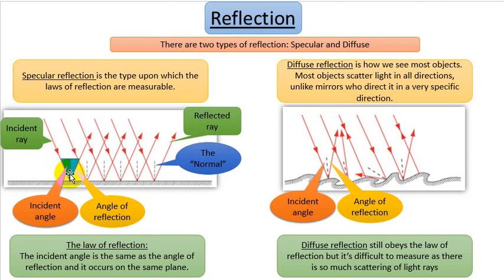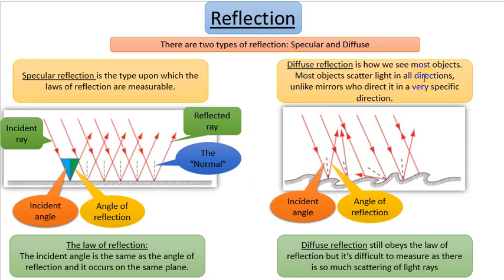If you consider this dashed line, which is perpendicular to the surface, it is called the normal line, and this ray is called the incident ray. The angle between the normal line and the incident ray is called the incident angle. The angle between the normal line and the reflected ray is called the angle of reflection. By the law of reflection, the incident angle is equal to the angle of reflection.